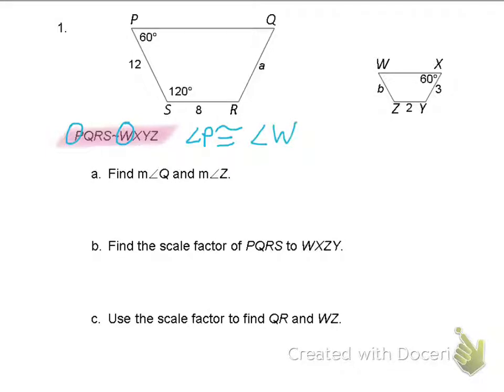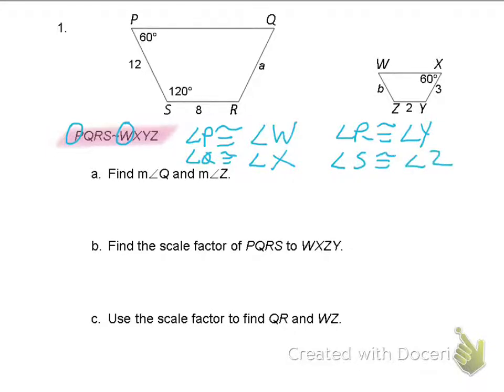And then angle Q would be congruent to the next letter, which is angle X. Okay, and then angle R would be congruent to angle Y, and angle S would be congruent to angle Z.